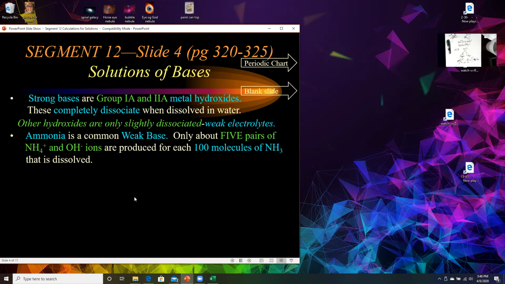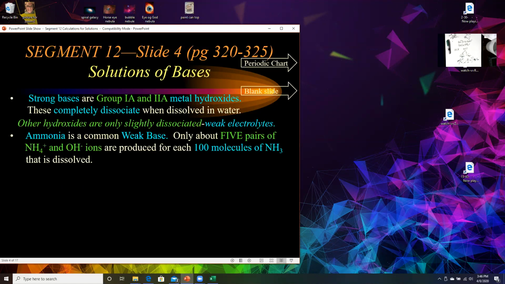Now, there is another one, though, that does a weak reaction with water, and probably the only weak base you'll encounter in Gen Chem 1 lab. It's ammonia. Ammonia has a formula of NH3. When you put it into water, it makes a little bit of NH4OH.